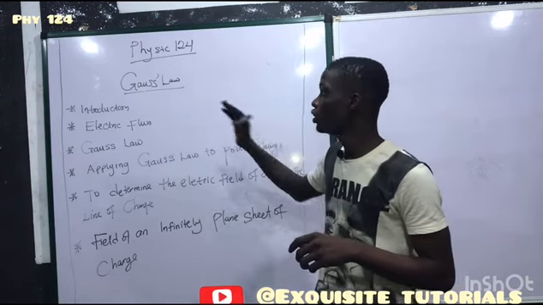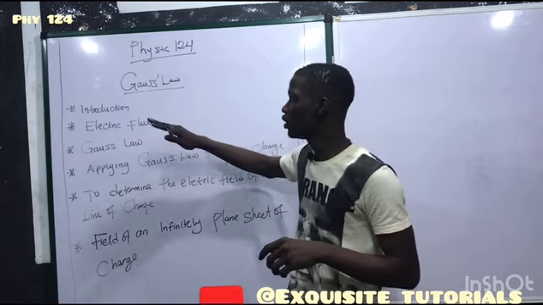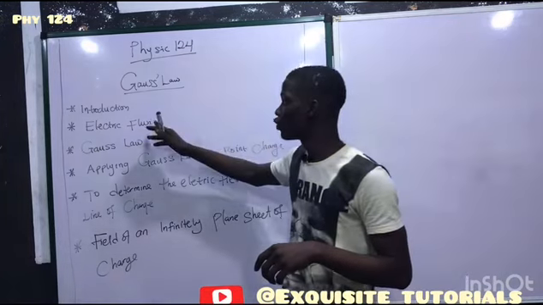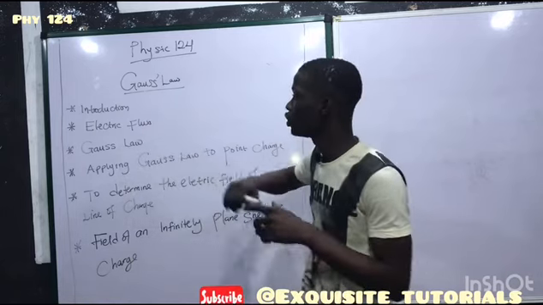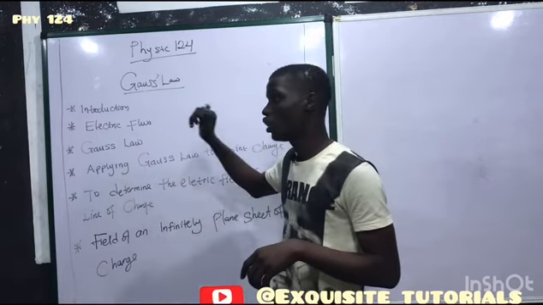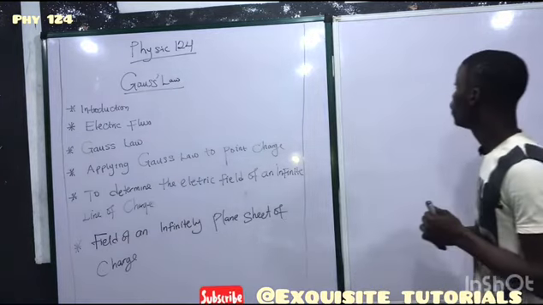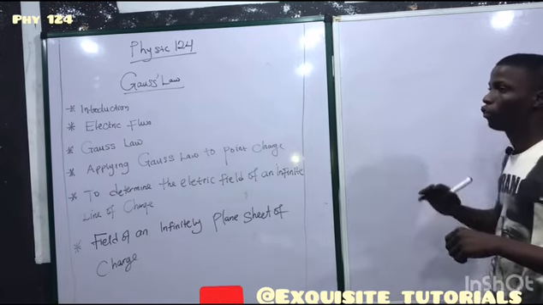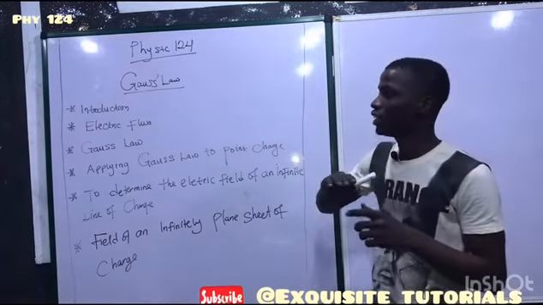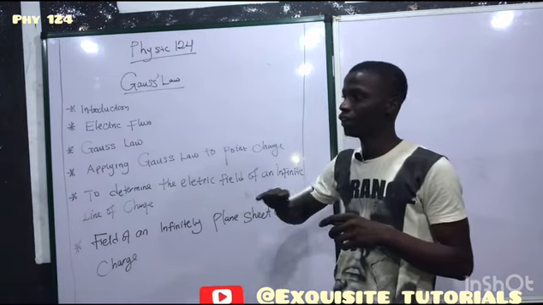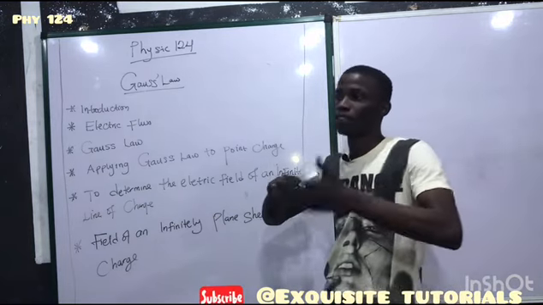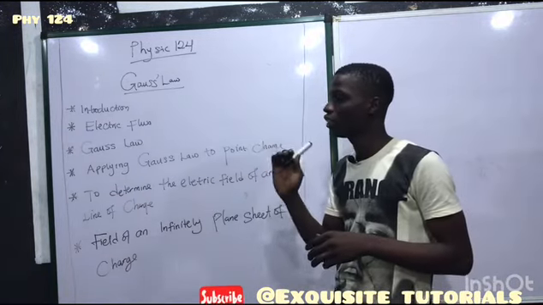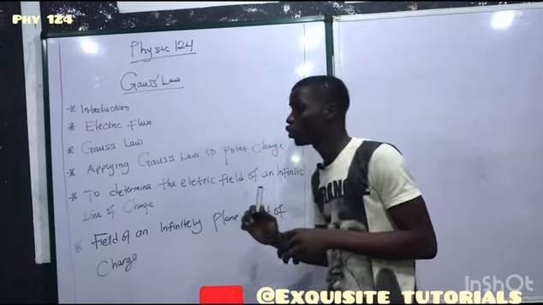In Gauss's Law, normally we use Coulomb's law as in electrostatics, but for Gauss's Law we'll be using electric flux. Electric flux talks of the number of electric field lines that pass through a metal surface or a conductor.